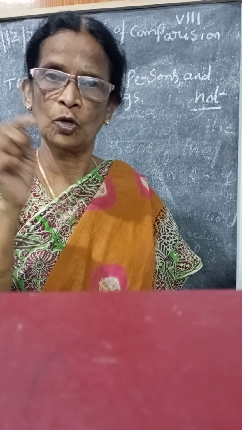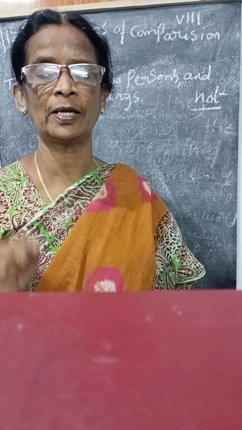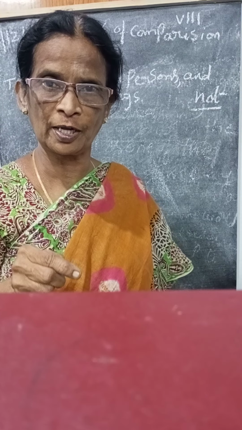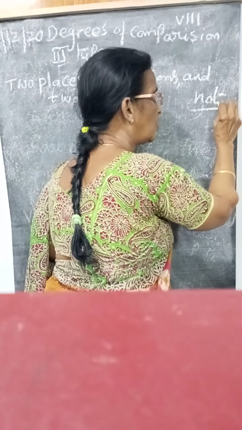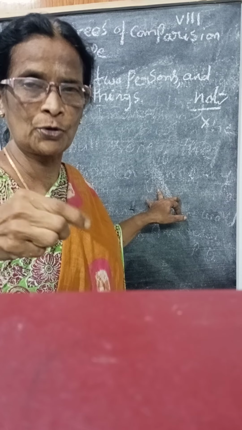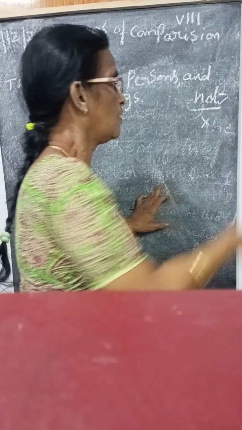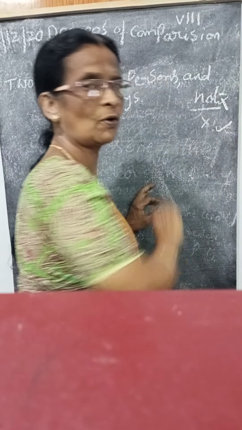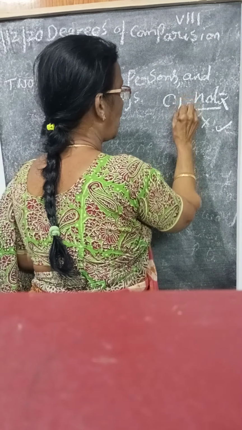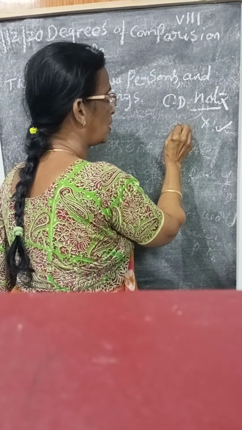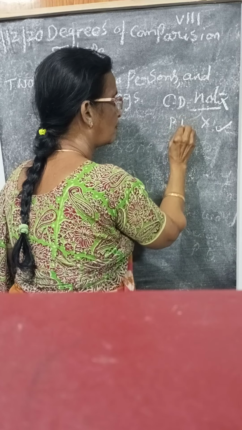If there is a not in the comparative degree, you are going to change the comparative degree into the positive degree without negative. If there is a negative, you change to the other degree. For example, comparative degree with negative, you are going to change to positive degree without negative.